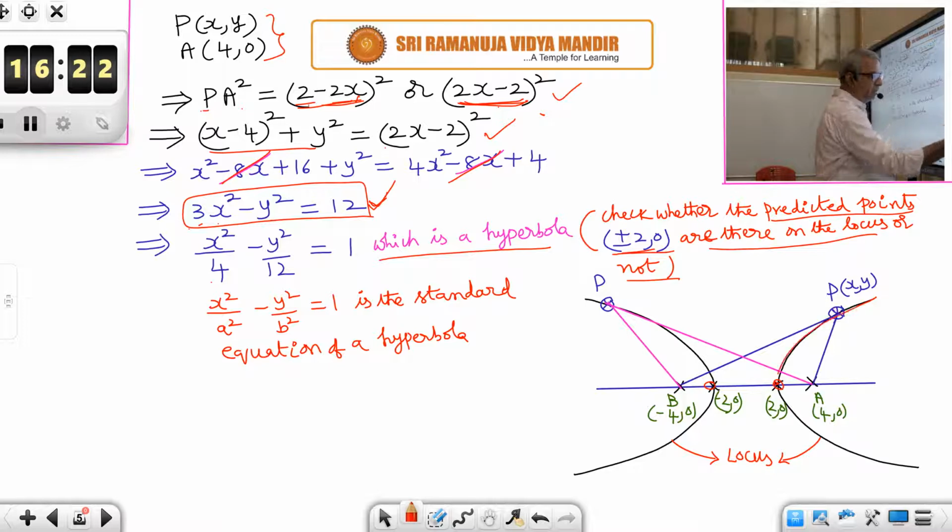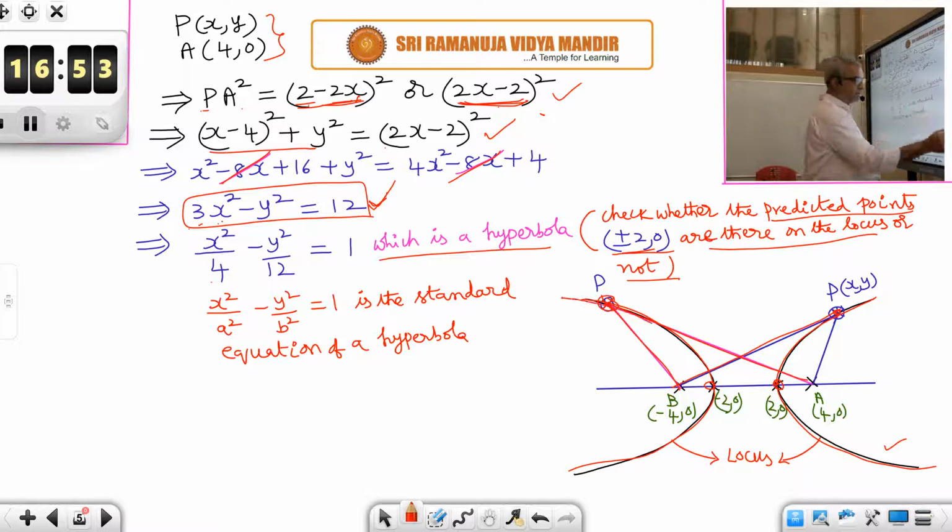See the diagram: the locus will be one branch like this passing through 2 comma 0, another branch passing through minus 2 comma 0, turning towards the left side. On the right side branch, if you take any point, PB will be more, PA will be less, and PB minus PA will be 4. If you take any point on the left side branch, then PA is more, PB is less, so PA minus PB will be 4.